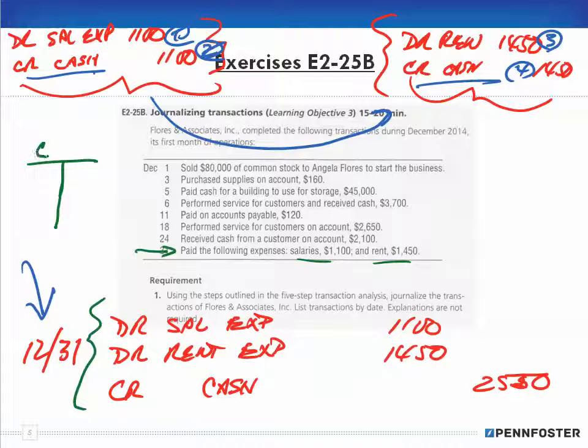You would label this one cash because you're going to use cash, and then you would create a T account for salaries expense, and you would create a T account for rent expense.